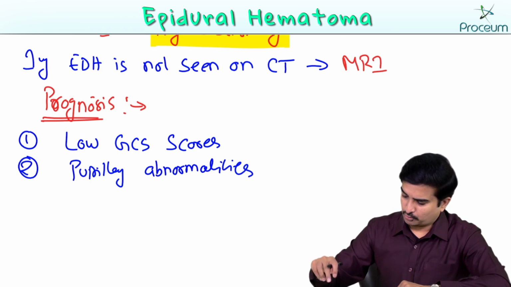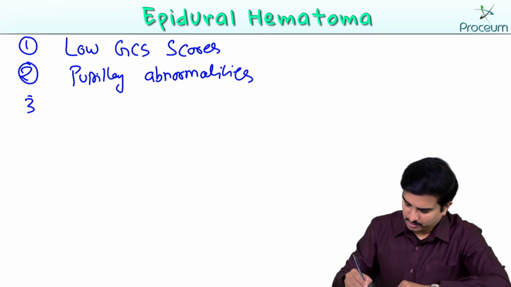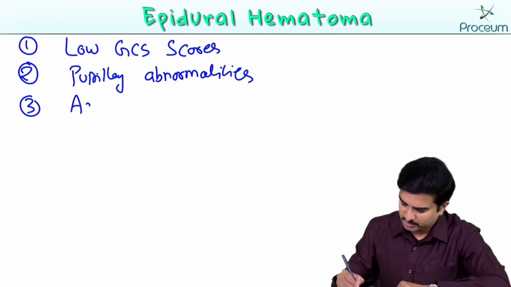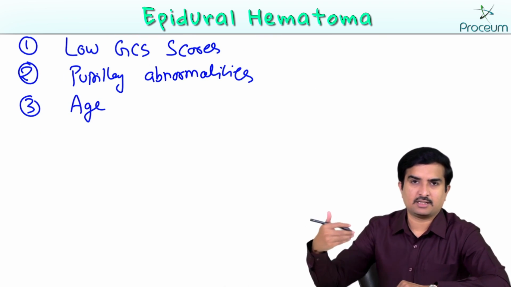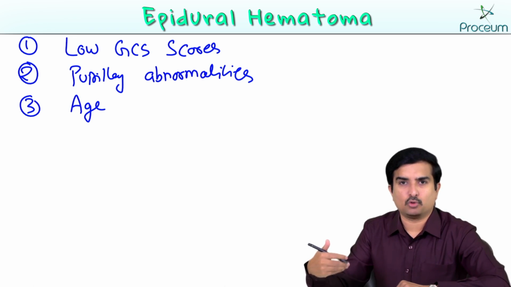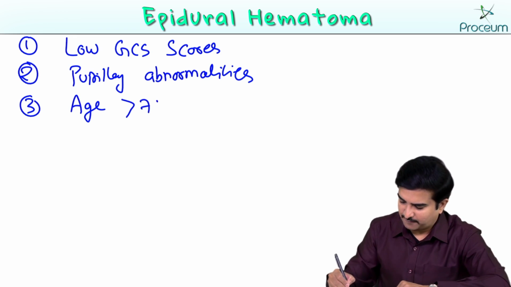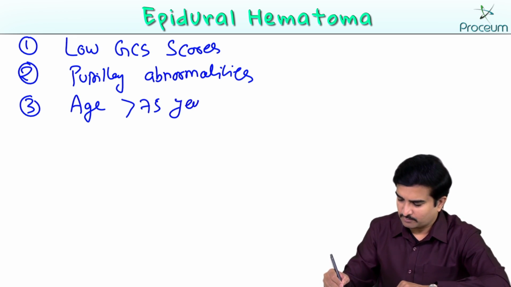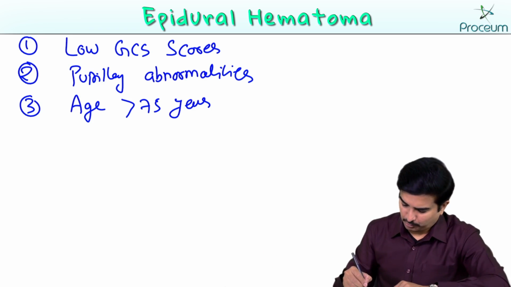Another important prognostic marker is age. The greater the age, the lesser the prognosis. Older age, that is greater than 75 years, has an unfavorable outcome. Another important thing is the time gap.